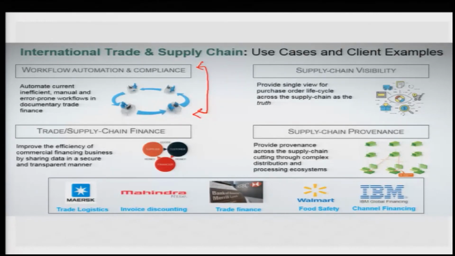Now in a blockchain, all these things can be automated into a single integrated system, and therefore things can be done in a much quicker fashion. Supply chain finance, for example: you have suppliers, you have customers, and you want to have a financer involved, let's say a bank through which the customer takes a loan, and then it gives money to the supplier, then the customer pays a monthly payment.